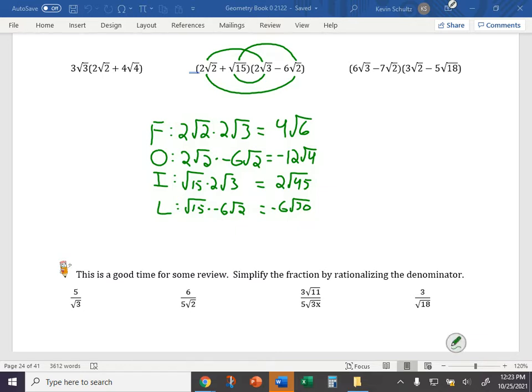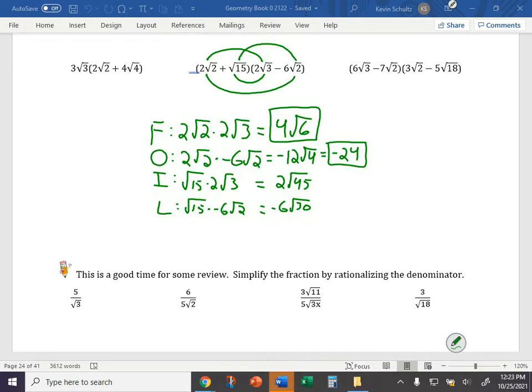Now let's simplify. Can we simplify 4 root 6? No. So that one is done. What about negative 12 root 4? What does that become? Negative 24. That one's done. 2 root 45.